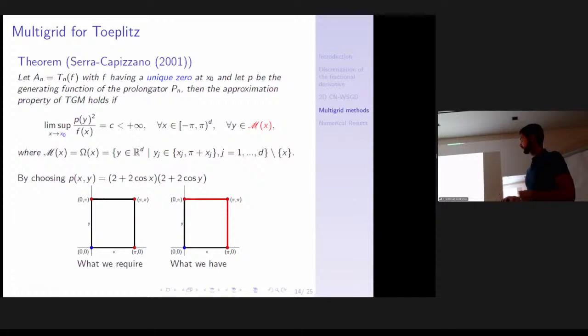Okay, so how do we build a projector? Well, here is the formal theorem, but just ignore it. Let's take a look at the end of the slide. This is the requirement. In the isotropic case, we have a limit 0 at 0, 0. To generate the projector, we need a polynomial which vanishes at the so-called mirror points in red. So by choosing a function p, we have a 0 over the line between the mirror points.